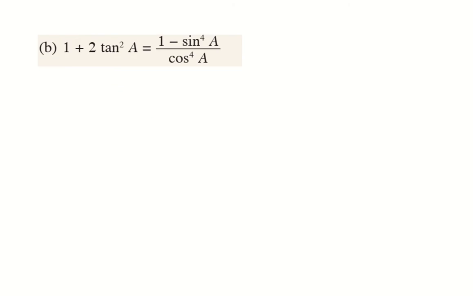Second one. 1 plus 2 tangent square a. We have tangent square and sine power of 4 here. So what we know here is the formula a square minus b square is a minus b, a plus b.